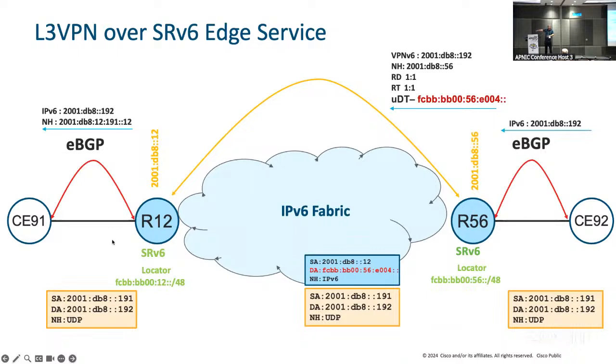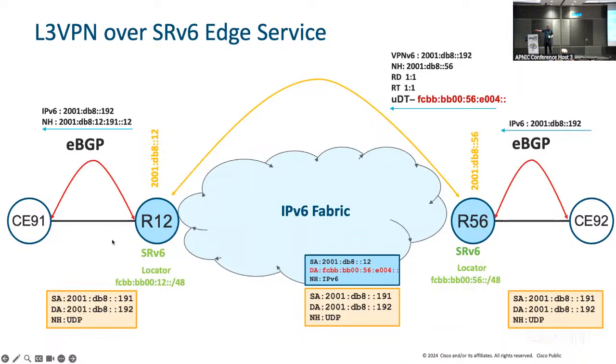At the bottom, the light yellow is the IPv6 unicast between the PE and the CE. The upper one, light blue, is the SRv6 forwarding. On router 56, I defined the SRv6 locator and flooded it through the IGP inside the core.